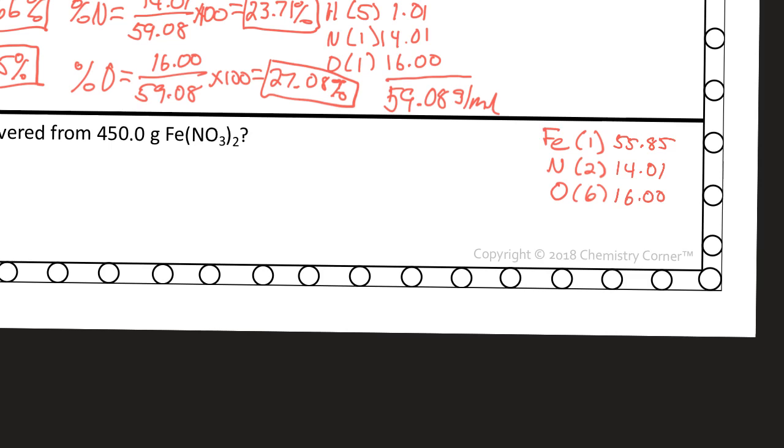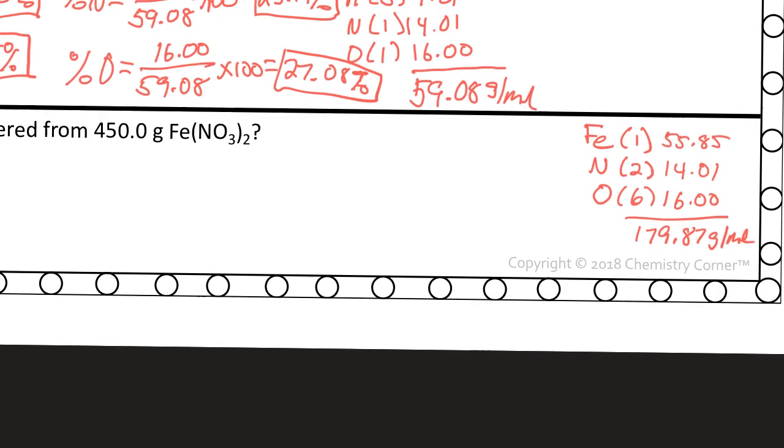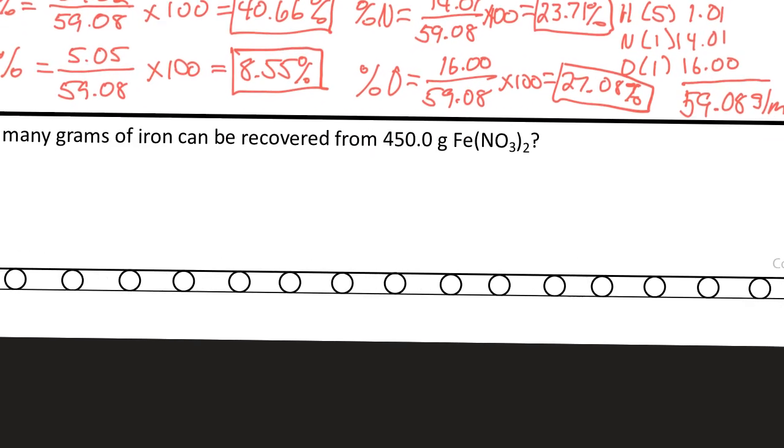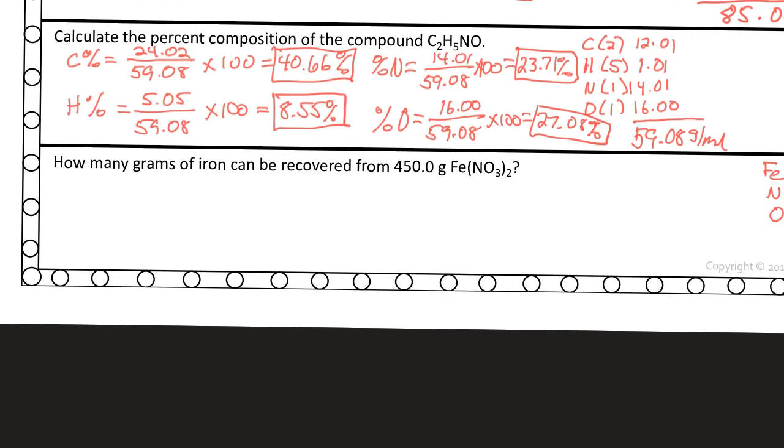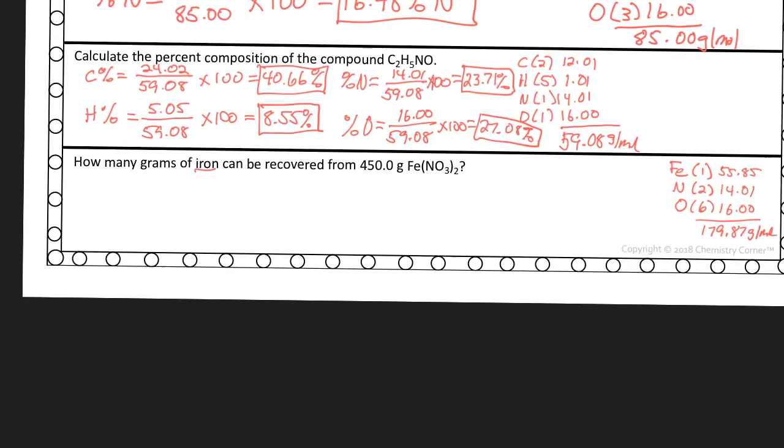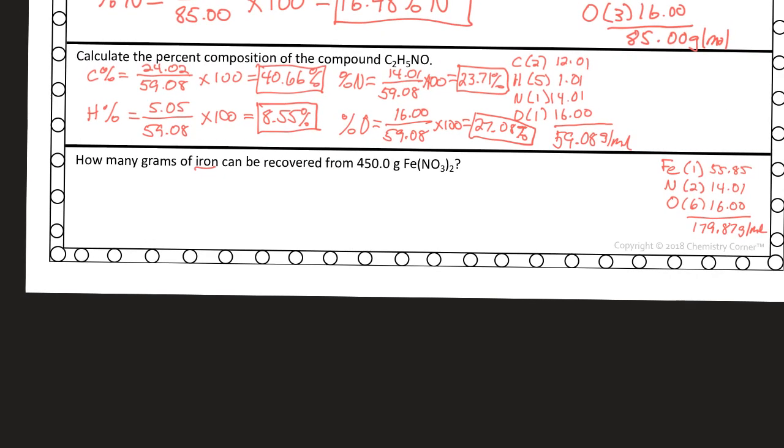We multiply these all out and then add them together, and your total for the compound should be 179.87 grams per mole. All right, now I'm ready to do some calculating here. Now, we only need to know iron, because it says how many grams of iron can be recovered. So I have to figure out what is the percent of iron. That's the only one I need to figure out.